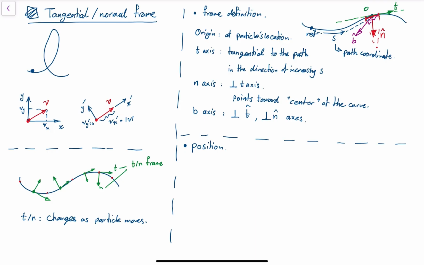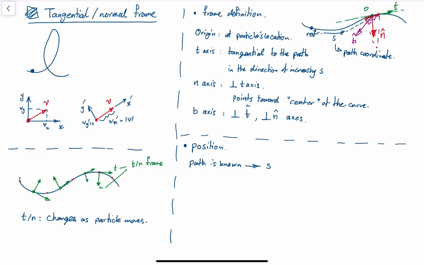Position is actually a little different with this curve, because we normally don't define the position using any of these if we are using the normal tangential frame. We can do the same thing as we had done with rectilinear motion. Because the path is known, it is a lot more convenient to use the scalar path coordinate s along the path to define the position.